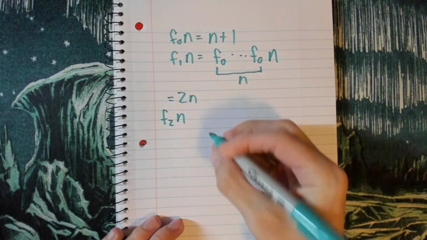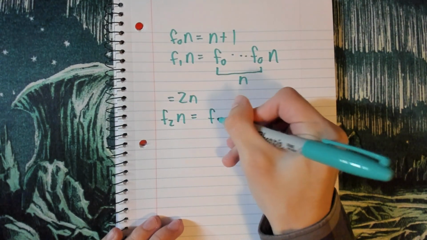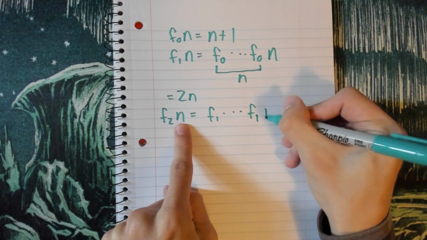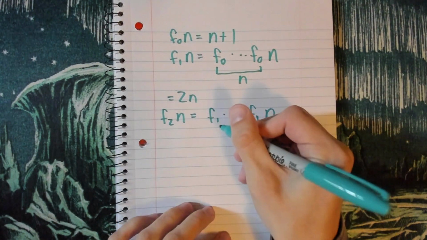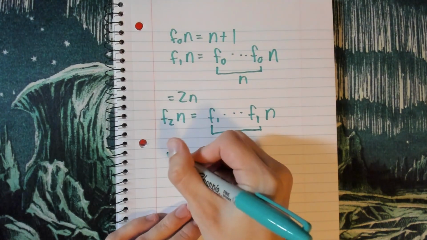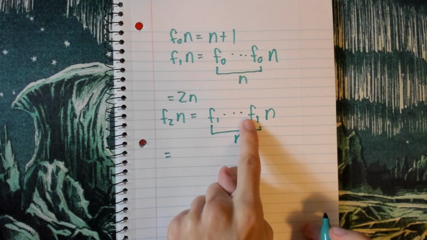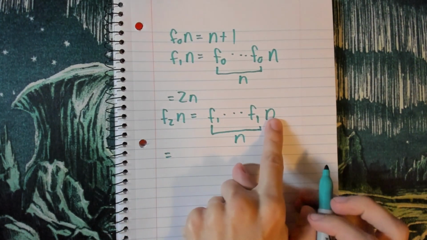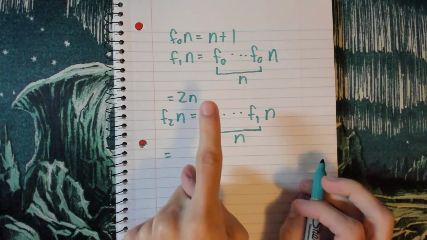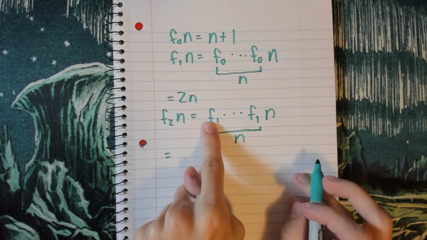f2 of n is going to be f1 applied n number of times to n. Well, what does f1 do? It just doubles, right? So this is n times 2 times 2 times 2, n number of times total.